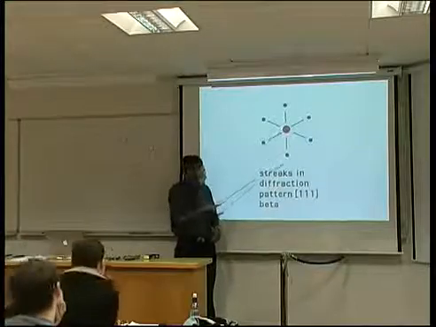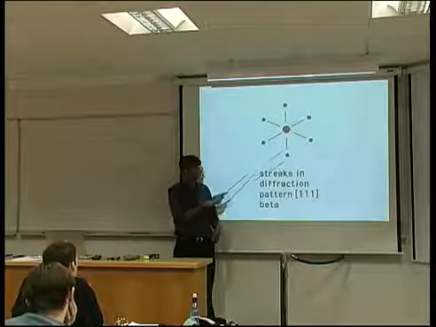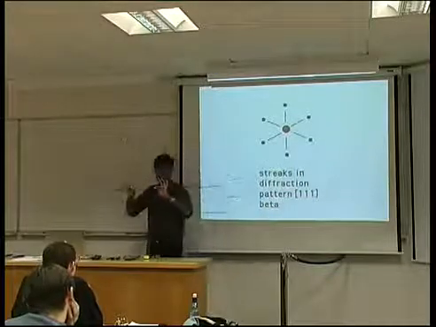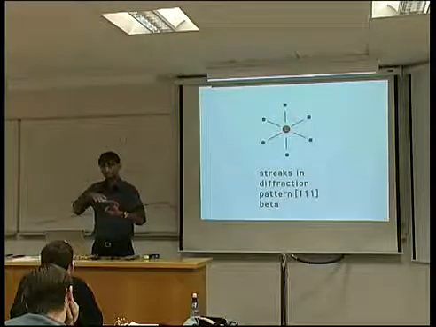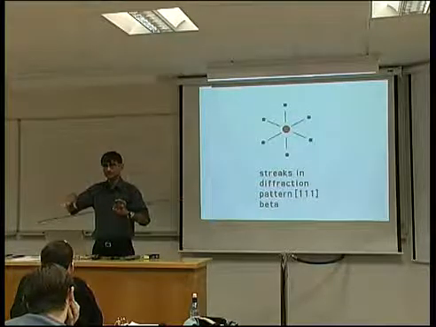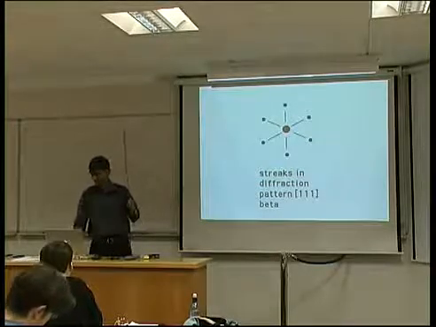So if I'm causing a variation in the spacing, then I will see streaks in the electron diffraction pattern in this direction. So if you're observing this transformation happening in a transmission electron microscope, you will observe streaking of the pattern, diffuse streaking of the pattern.